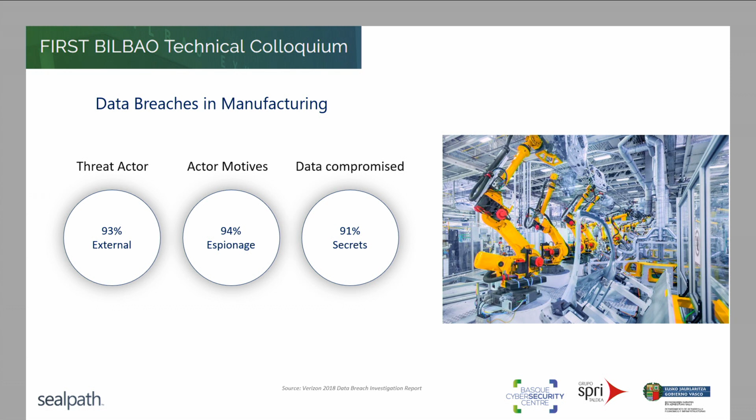Imagine a company making engines, aeronautics, cars. This is the type of information that is most likely to have a breach.